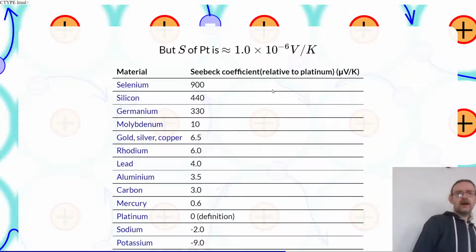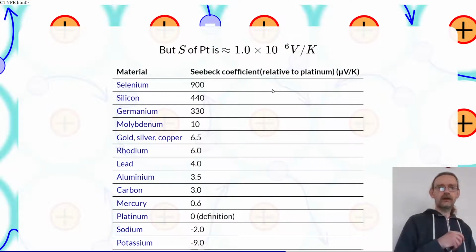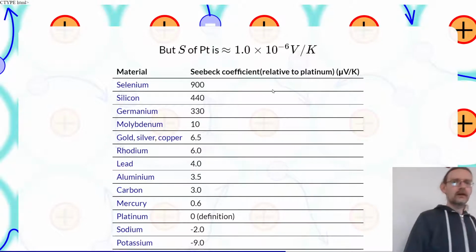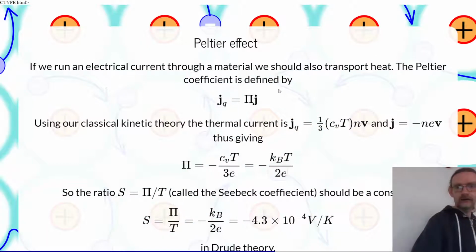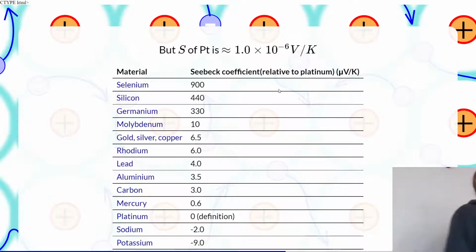So this should give a constant number. I think platinum is picked as a number that's, relatively speaking, of the right ballpark. But then, within our model, every time you measure S, no matter what the material, you should get the same number.